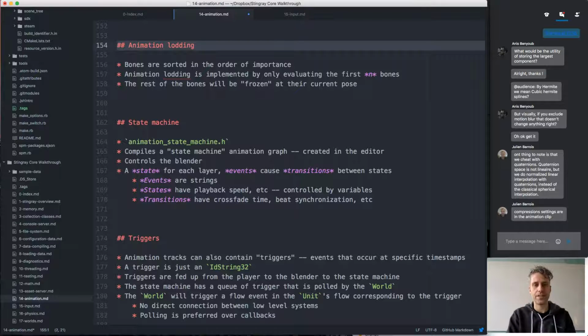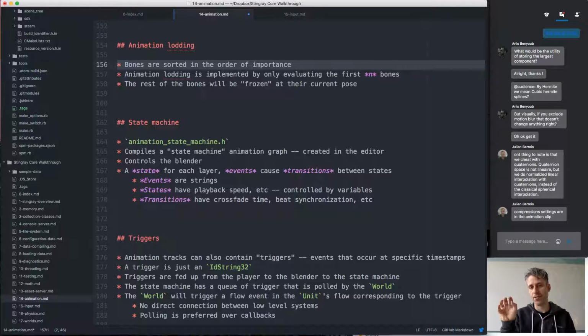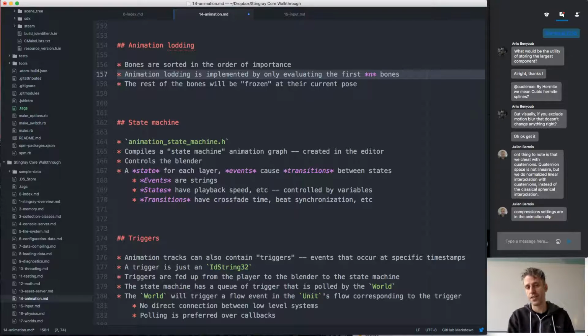The way we do that is that in our skeleton file, we sort the bones in order of importance. We have the most important bones first, and then less and less visible bones, like fingers. And we do animation loading simply by only evaluating the first n bones of the animation. So we can adjust this.